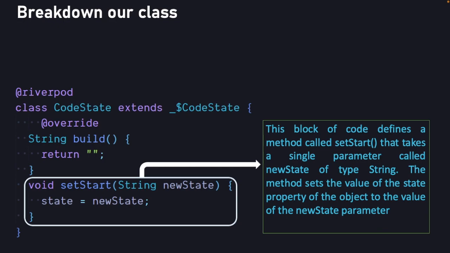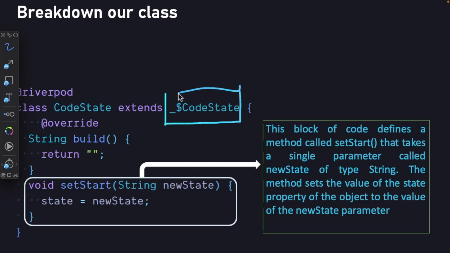After this is complete, this is more like a functional Riverpod class. It should be able to generate code because it doesn't have any errors. After the code has been generated, we will have two files. But take note, before the code has been generated, this part is going to be showing an error.